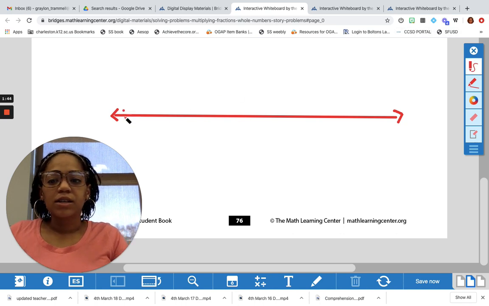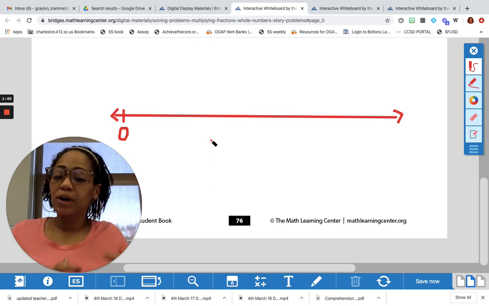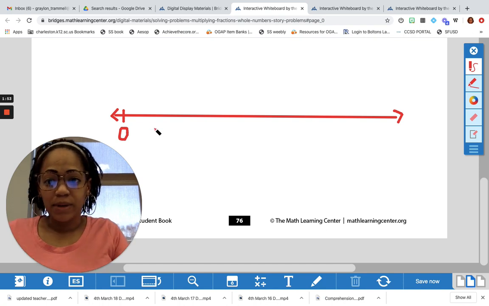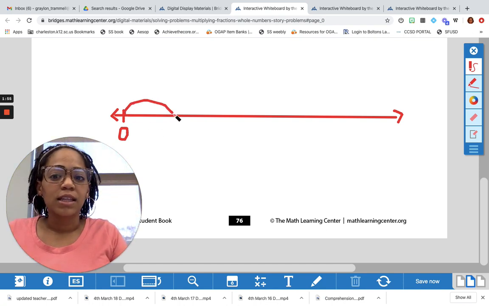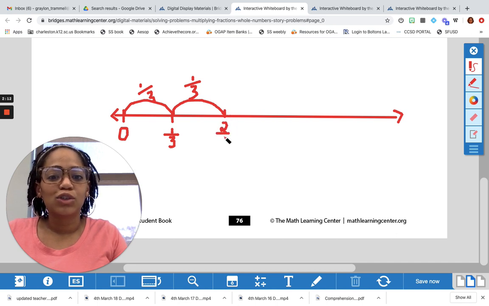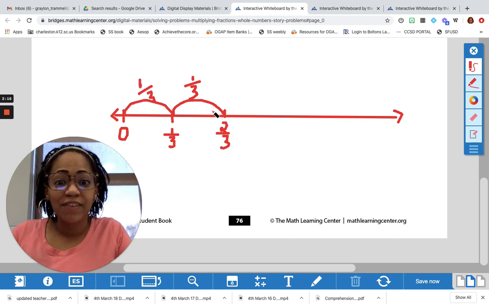Let's say I start with 0 here, and I know I have 5 1/3 size pieces, because she filled up 1/3 of each of her garden beds. So I could say this is a third. This is a third, and I probably should label it every time I jump so you can really see it. So I got 1/3 I landed on, and then when I add another third, that gives me 2/3. But so far I've only gone 2/3, and I need 5/3.